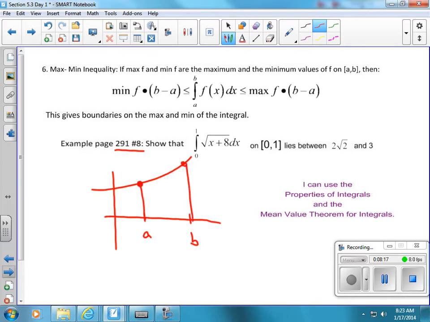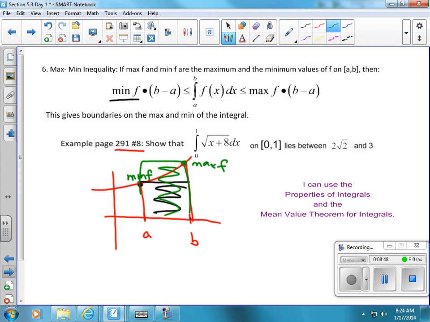Under here we have the area under the curve. It says that if you take the minimum function value times b minus a, which gives you this area, that would be the minimum area you could have in between a and b. And then if this is your min f, and this is your max f, then this would be your maximum area, the big area.